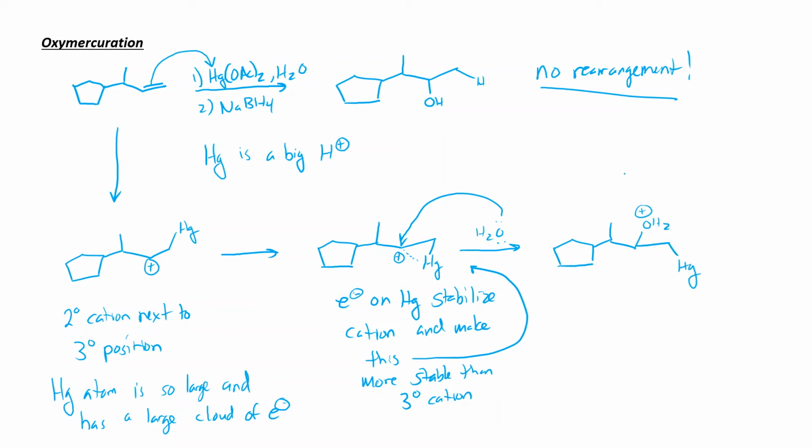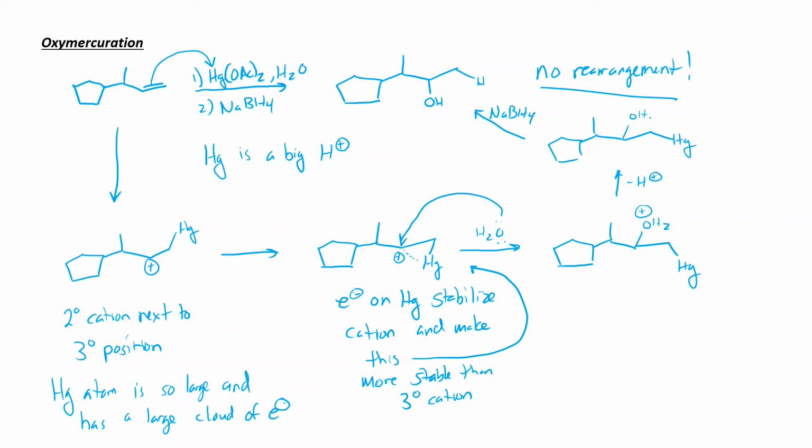Now this cation, we can once again lose H plus to make this into its neutral conjugate base, and we're going to get OH and mercury.